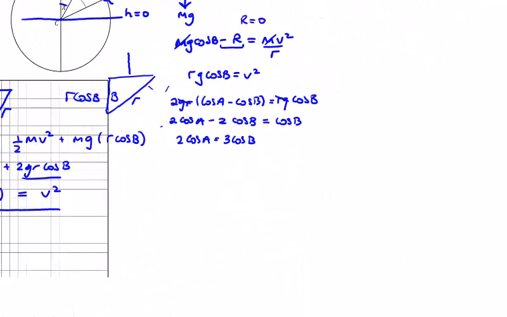Cos of A is 2/3. 2 by 2 over 3 is equal to 3 cos B. So that's going to be 4 over 9 is equal to cos B. And now let's get the inverse cos of 4 over 9. So B is equal to 63.6 degrees.